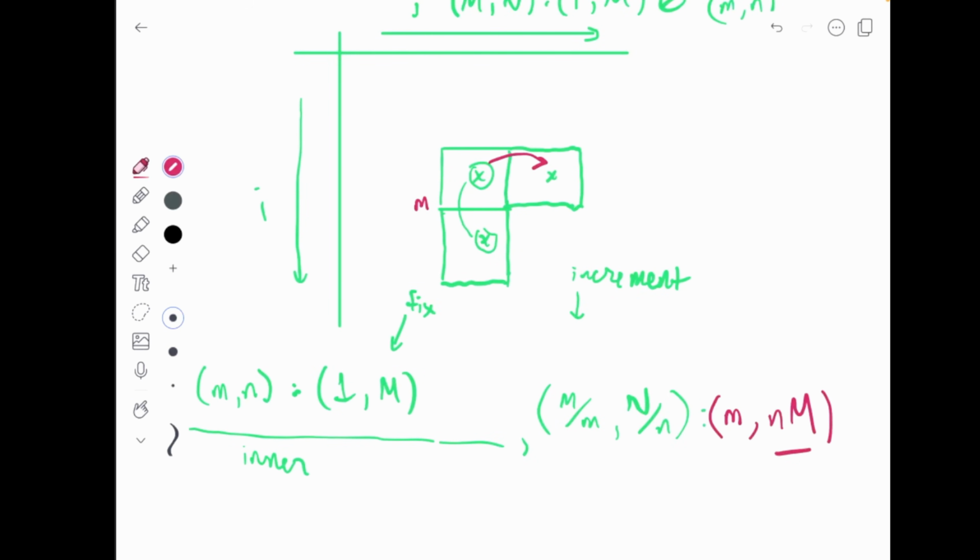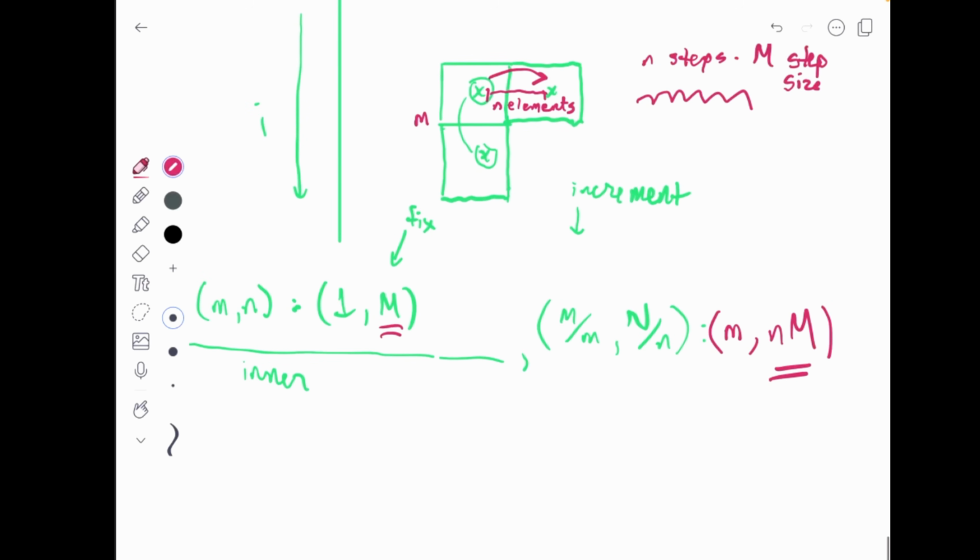The way that I reached this conclusion is that this difference here is little n elements in the J direction, and each time I take a step to the right in the J direction, I'm incrementing by capital M. So if I take n steps to the right, each of which increments my offset by a capital M, then I will get a total of little n times big M. So n steps times capital M step size, and what I mean by step size is how much each step increments the offset.